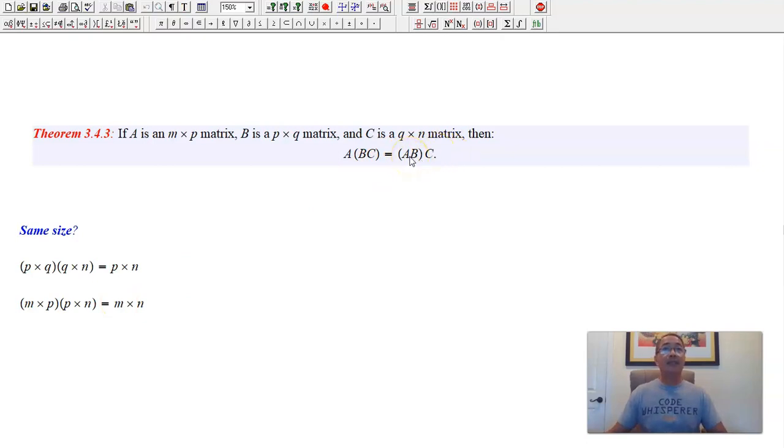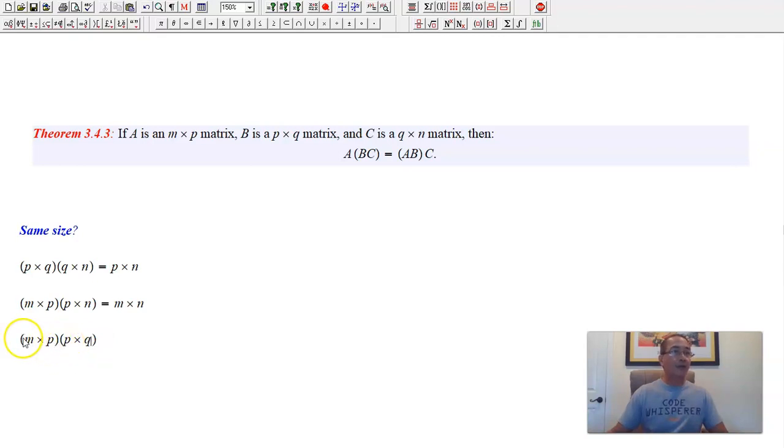On the right, we have A times B first. So A is M by P, and then B is P by Q. So, compatible? Yes.